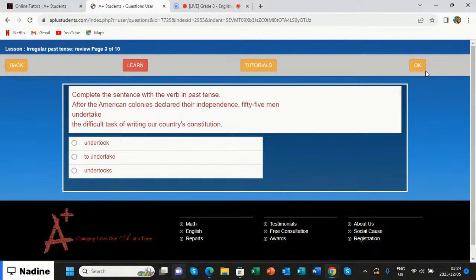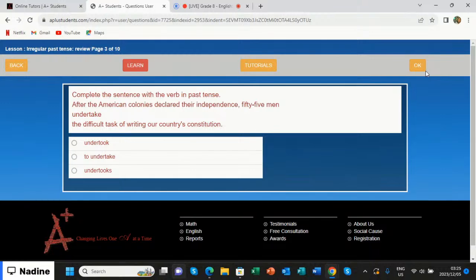After the American colonies declared their independence, 55 men undertake the difficult task of writing our country's constitution. So, undertake. What is the verb in the past tense of undertake?